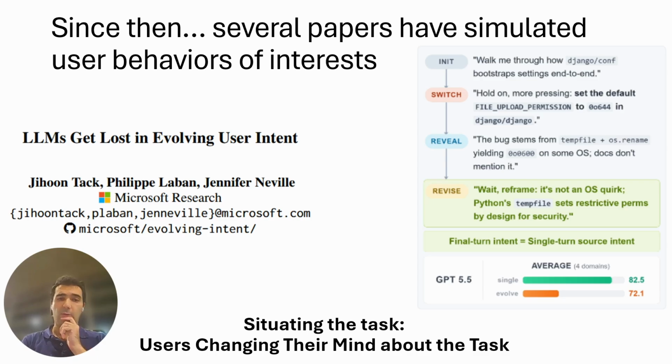And finally, this other paper that I'm involved in, led by Jihoon, focuses on situating the task as part of a longer chain of tasks that a user is doing. For instance, when users potentially switch the task that they're working on or revise the task that they're working on, and creating these much more dynamic scenarios than happen in our narrow, just underspecified setting.